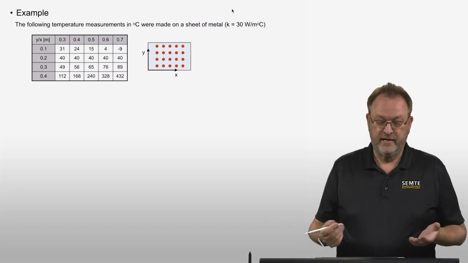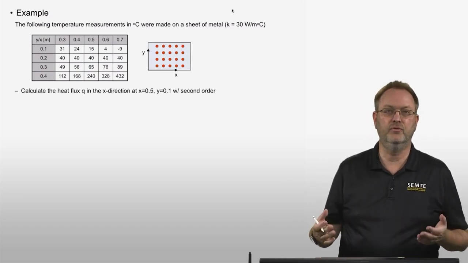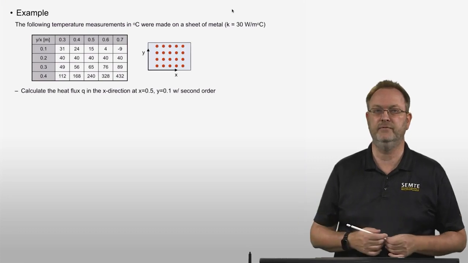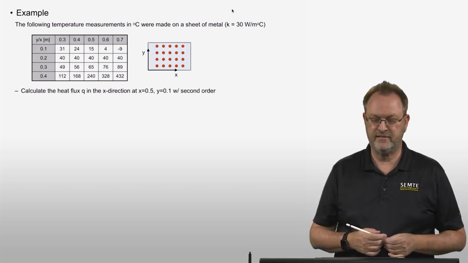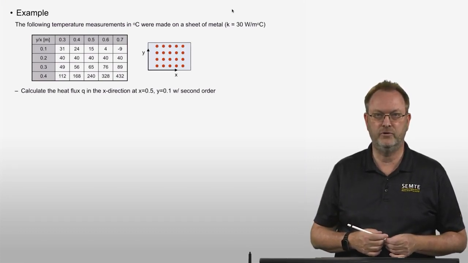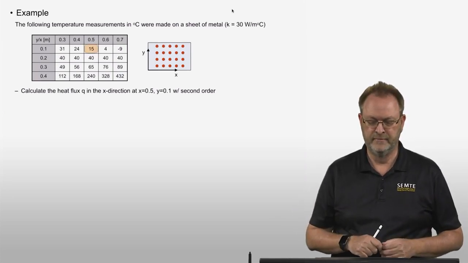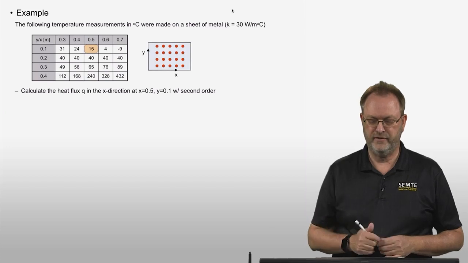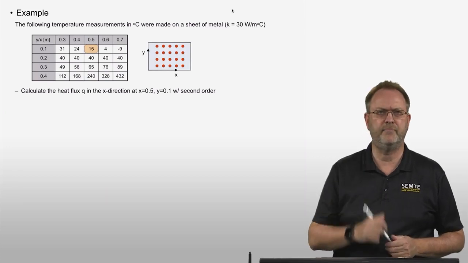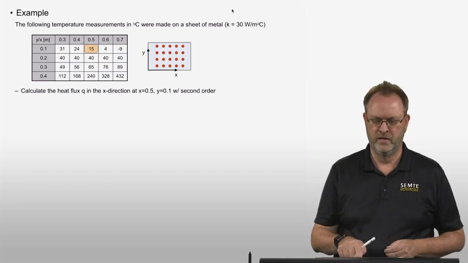And we're tasked to calculate the heat flux Q in the x direction at the location x equal to 0.5, y equal to 0.1, using second order finite differences. So that location x equal to 0.5, y equal to 0.1 is up there in the table.